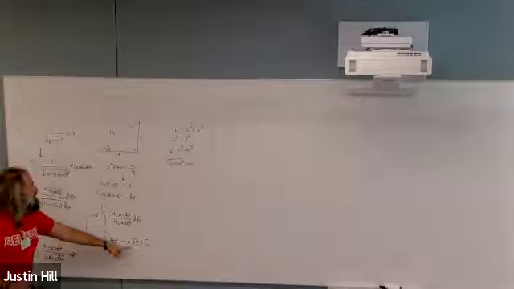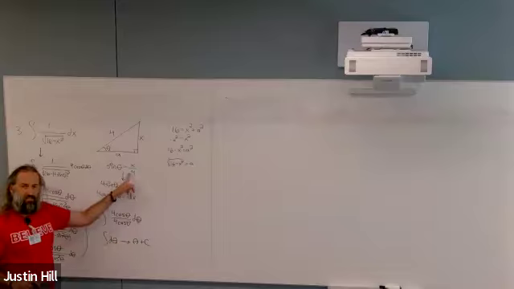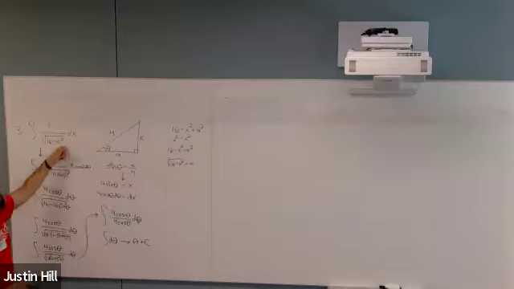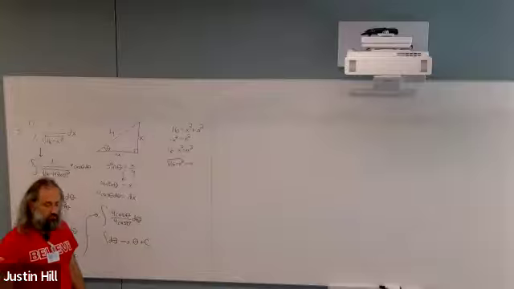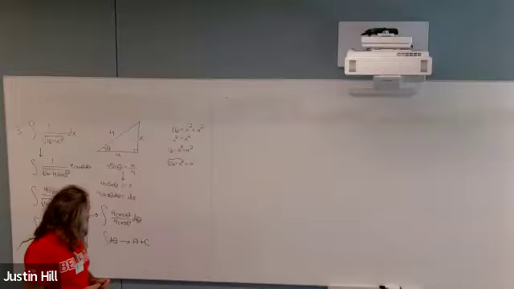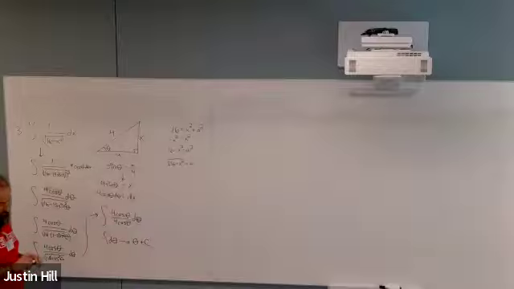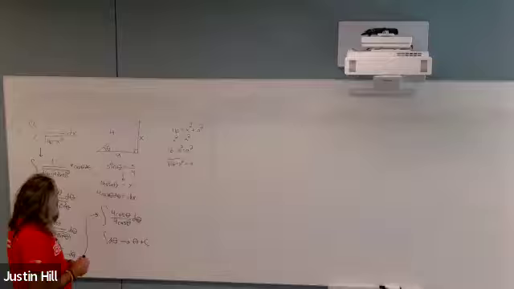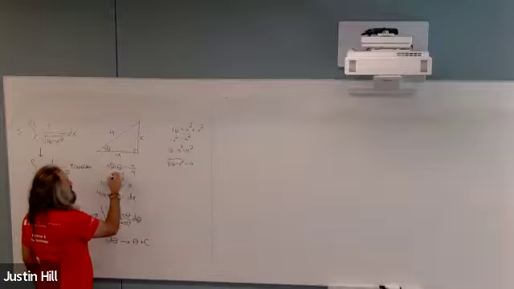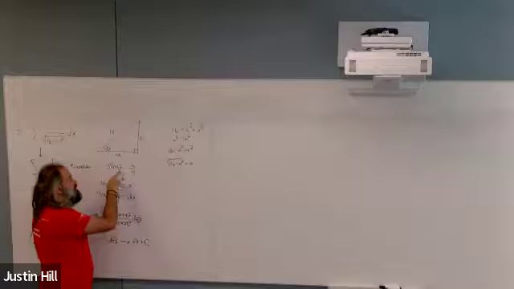Now, what is theta? By the end of this problem, we have to give our answer in terms of x, because our original integral was in terms of x. Going back to this, what do you do to isolate theta? How would you solve for theta here?